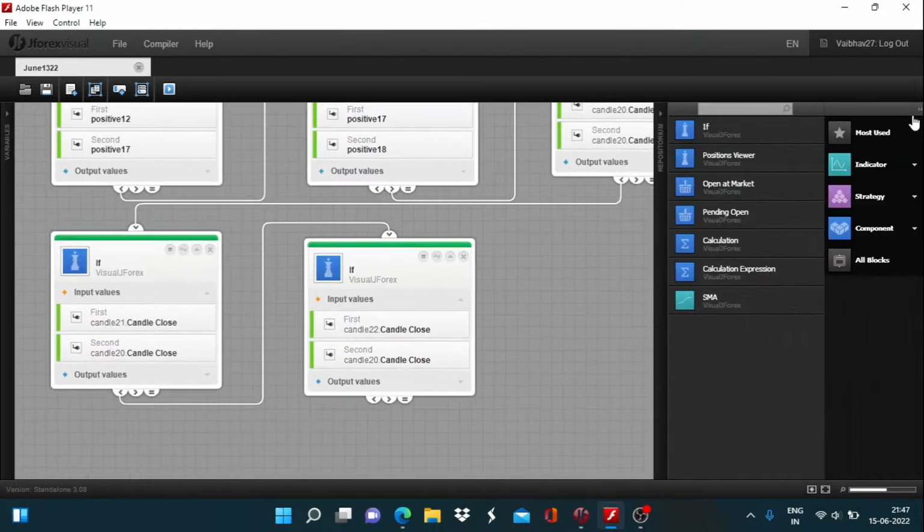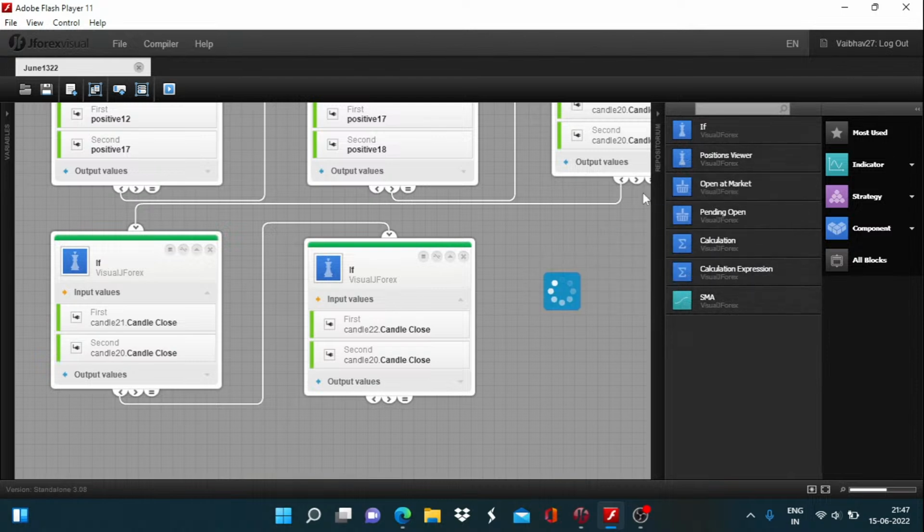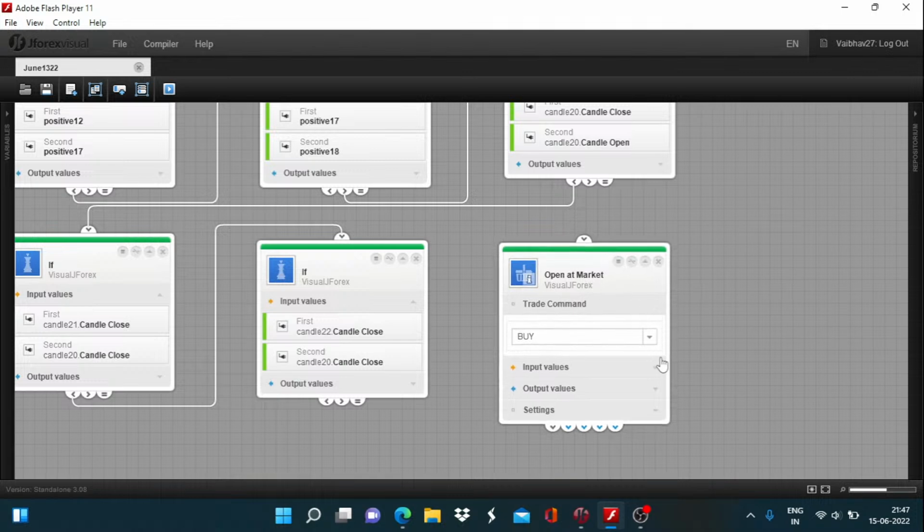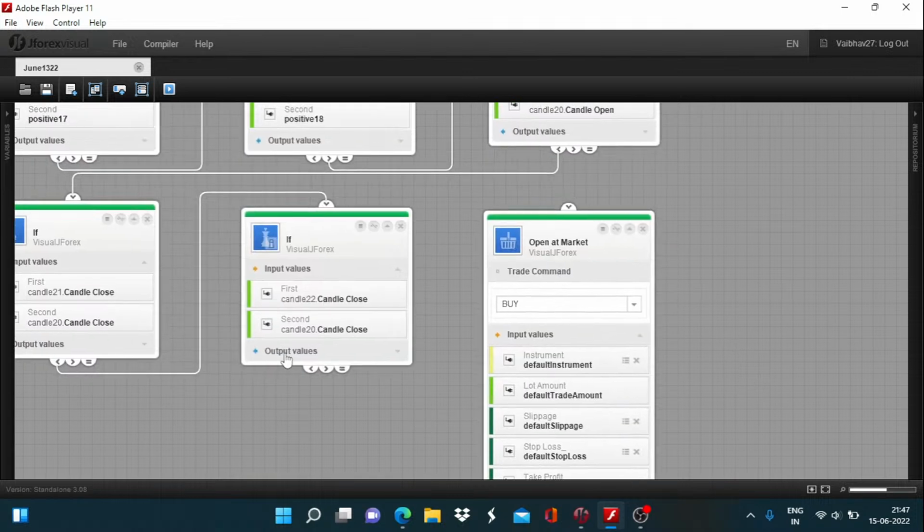Now let us get the trade command block, open at market. First input greater than second input.